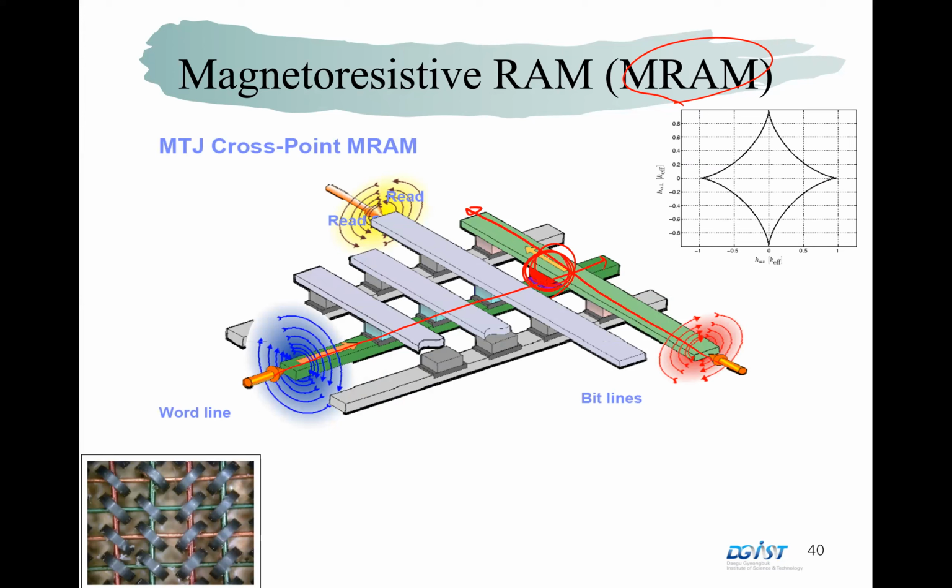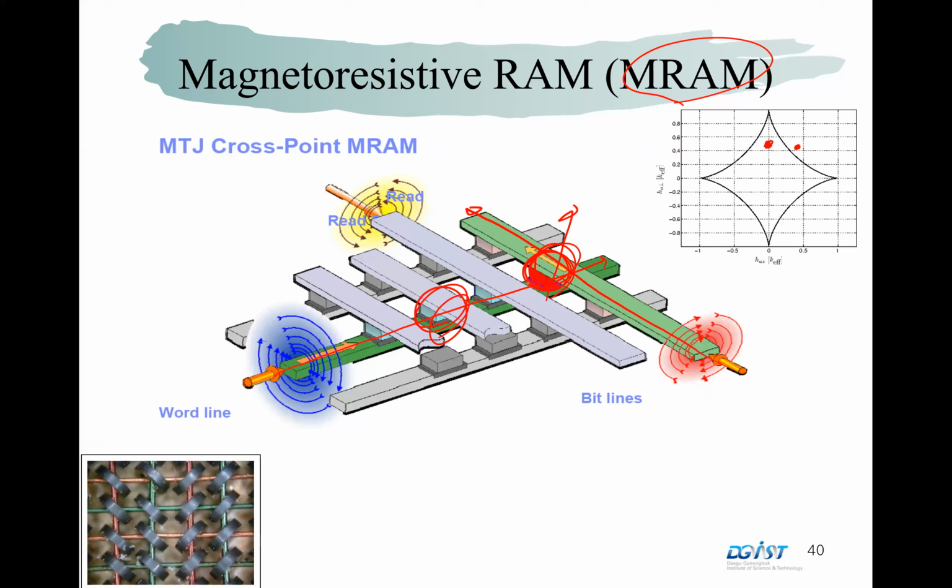This cell then has a field that is the vector sum of these two fields, so they point at 45 degrees, and it can switch. But the other cells have only one directional field, so they belong here, far below the switching field. So only this selected cell would be switched, ideally.